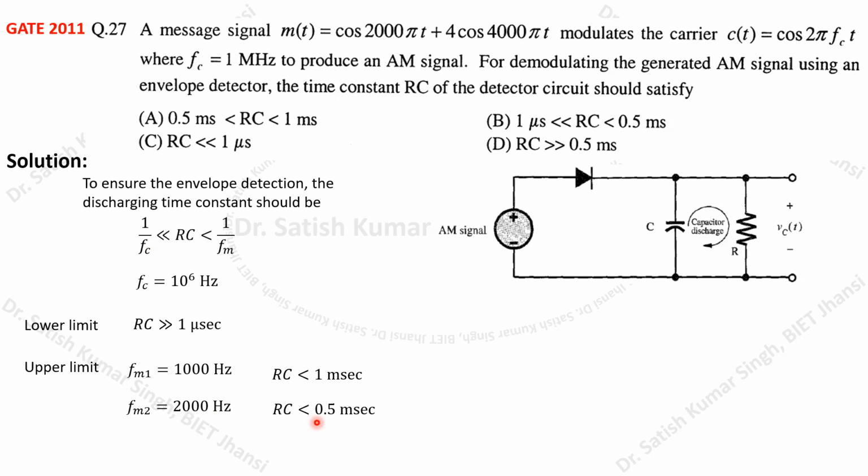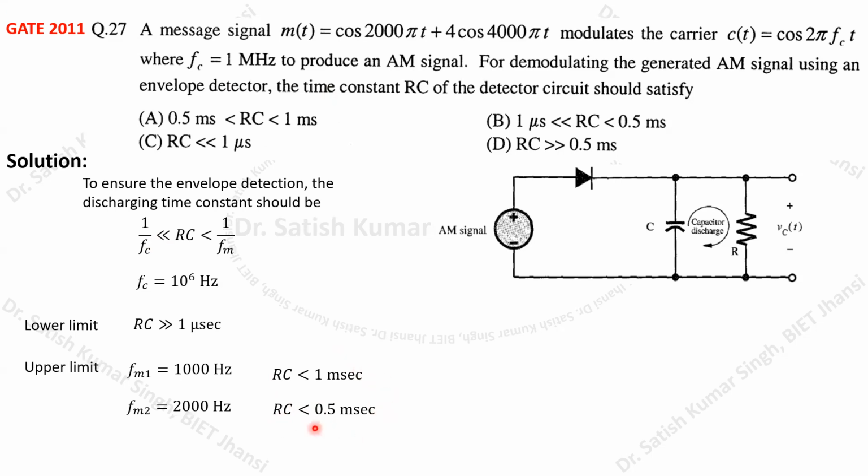If we choose the first condition, RC less than 1 millisecond, and suppose we design the envelope detector with an RC value around 0.6 millisecond, then the second condition will not be satisfied. So we have to take the condition that satisfies both cases.